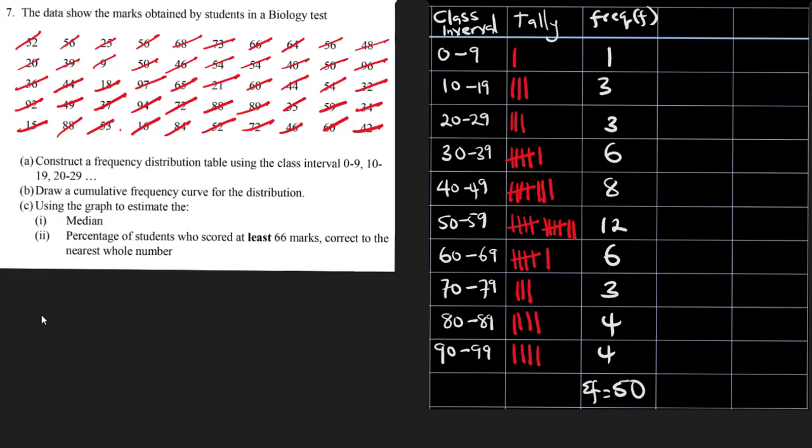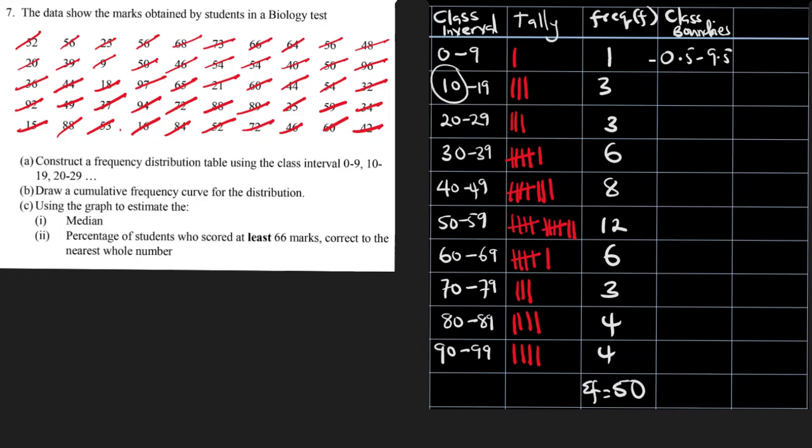The next thing to do is to find the class boundaries. What are class boundaries? We simply subtract 0.5 from the lower class limit and add 0.5 to the upper class limit. So the first one is usually addition: we add 0.5 and it becomes 9.5.